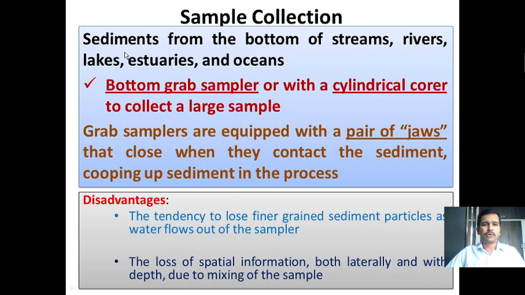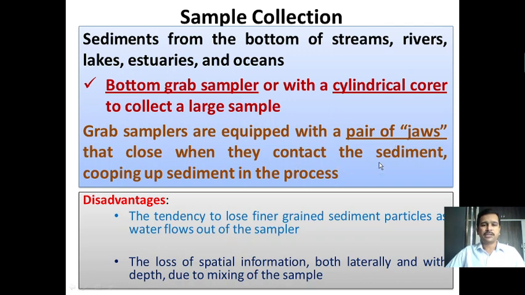So, in order to collect these sediment samples from the bottom of the river or lake, more commonly we will use bottom grab samplers. And as an alternative device, we can even use a cylindrical corer to collect the sample. These bottom grab samplers have a pair of jaws. You will release this bottom grab sampler to the place of sediment.